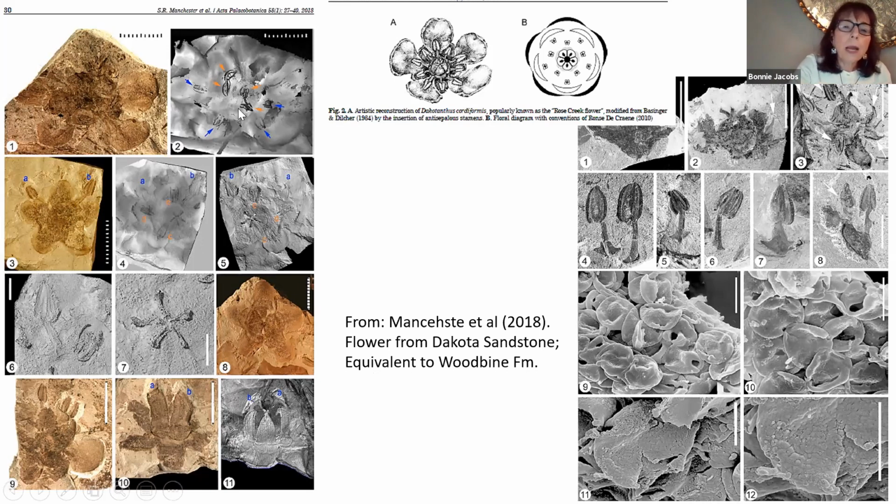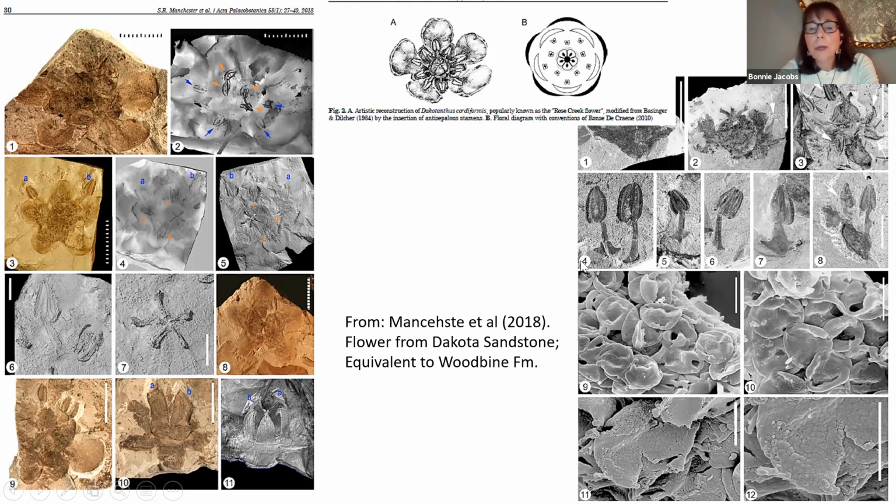And in the upper right on the plate shown on the left side, you see some notations with blue arrows, and that's pointing to individual anthers that would have contained the pollen grains. And on the plate that's shown in black and white on the right side, you see the anthers themselves preserved.